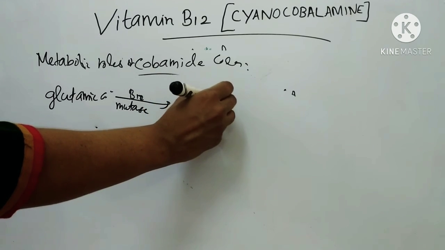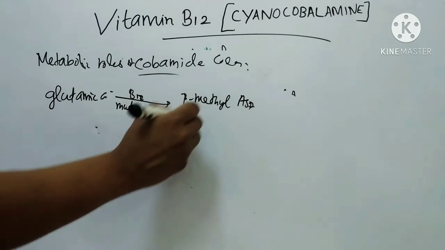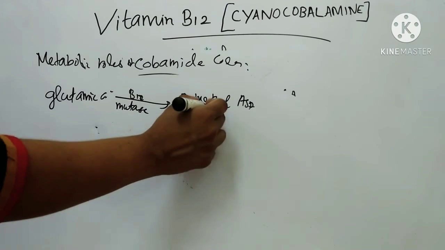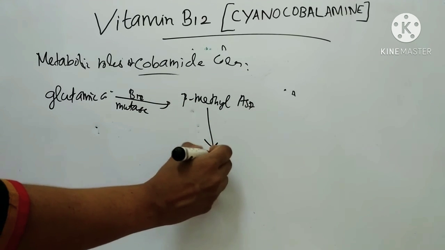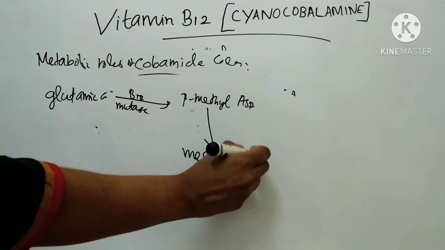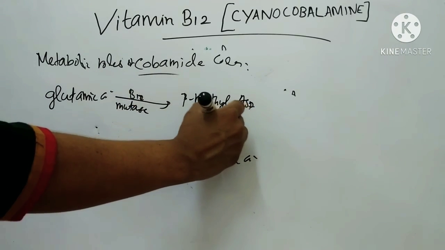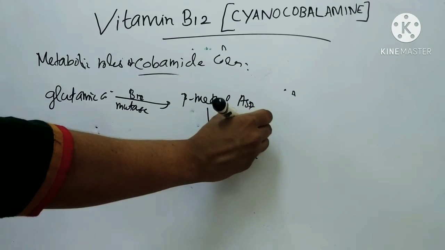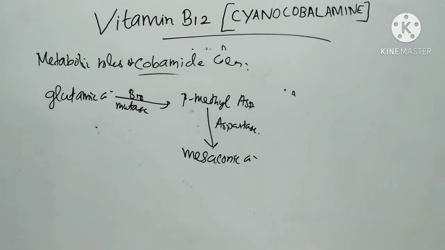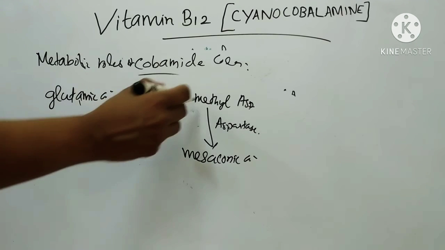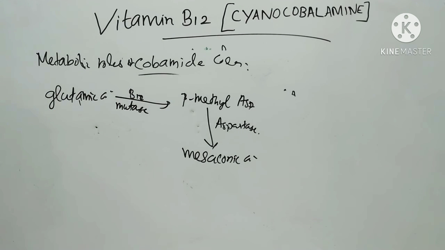Beta methyl aspartic acid is then converted to mesaconic acid by the enzyme beta methyl aspartase. So this is in bacteria. These are the metabolic roles.